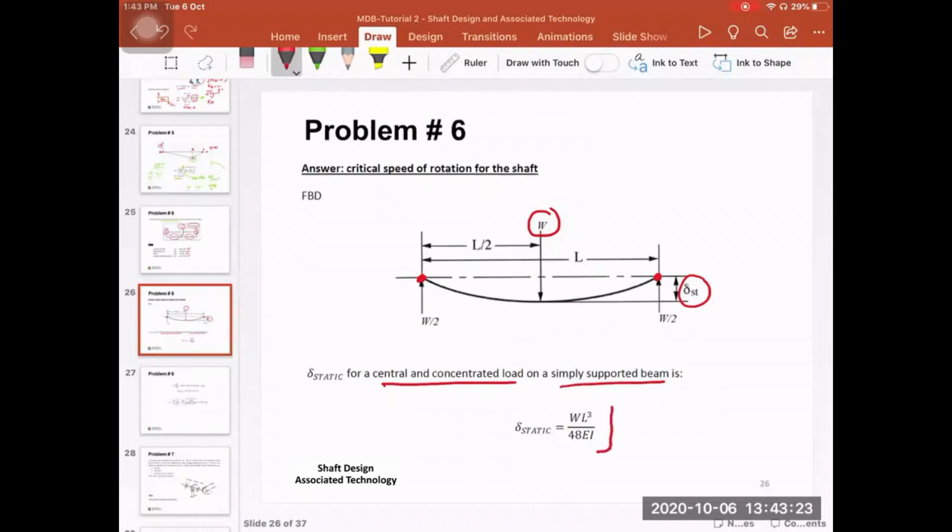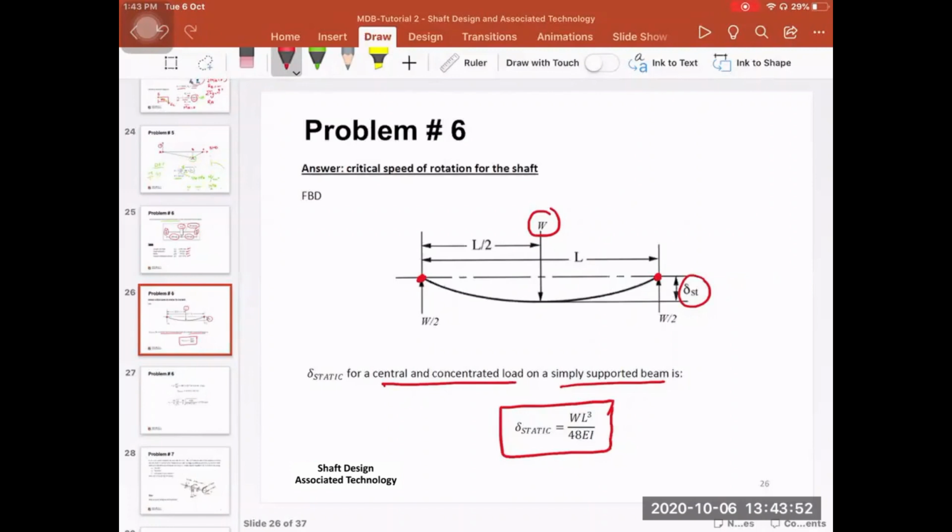If you go to the table that you saw in the presentation, you will find that delta static for this case is W, which is the weight in the middle, multiplied by the total length of the beam cubed over 48, multiplied by the elastic modulus of the material, multiplied by the moment of area. You can find this equation also in the deflection of beams tables.